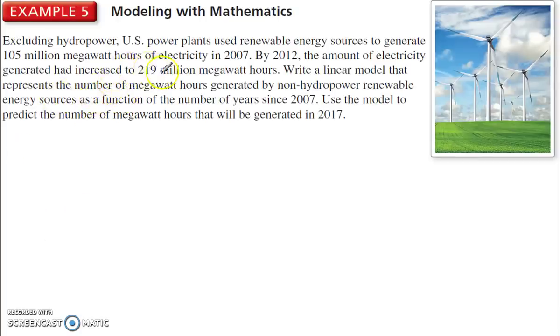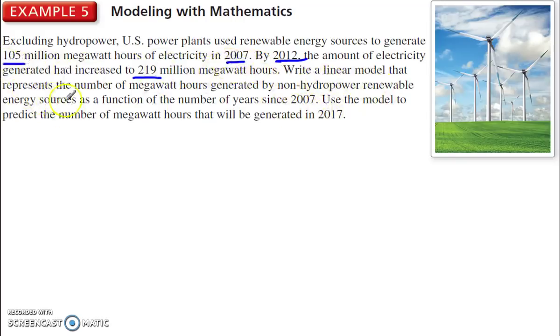Okay, excluding hydropower, U.S. power plants use renewable energy sources to generate 105 million megawatt hours of electricity in 2007. By 2012, the amount of electricity generated had increased to 219 million. 219 million in 2012. 105 in 2007.